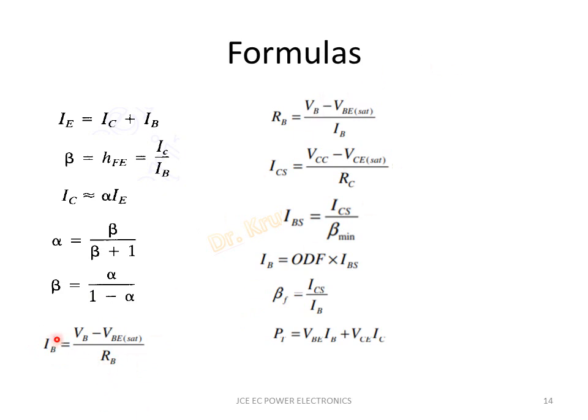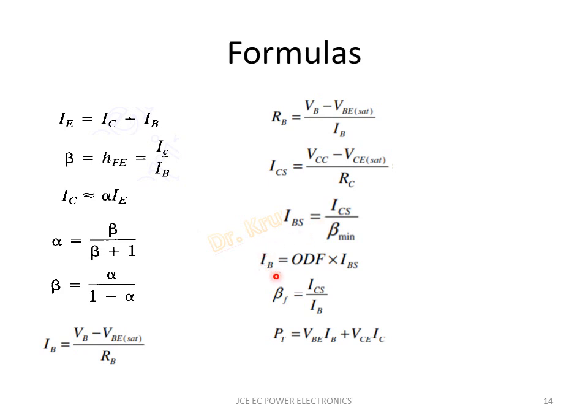Then RB, if I take it on top, I will get VB minus VBE sat divided by IB. And then ICS is equal to VCC minus VCE sat upon RC. IBS equal to ICS upon beta minimum. Normally in problems you will be given a range for beta. So when you are taking saturation values, you take the minimum value of beta.